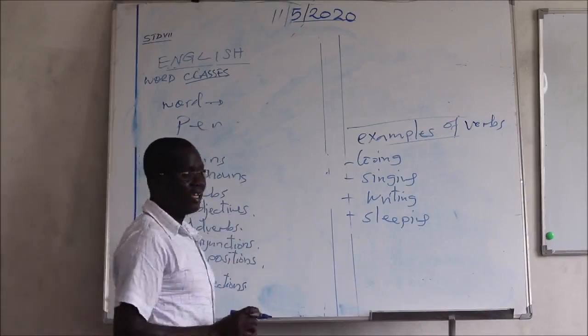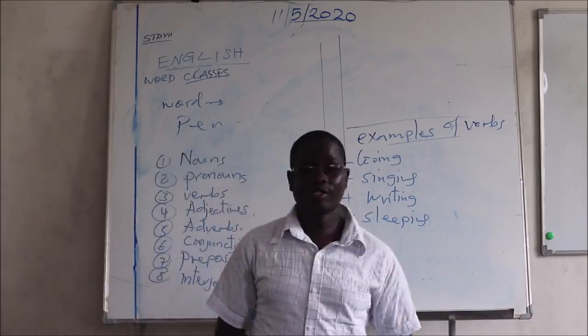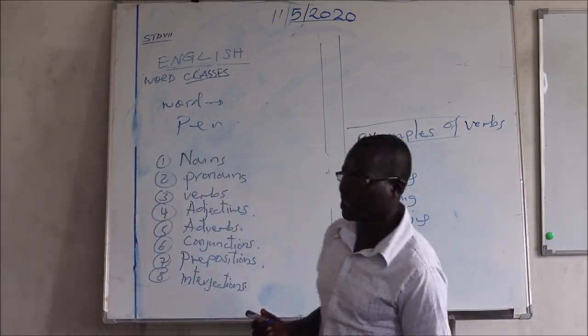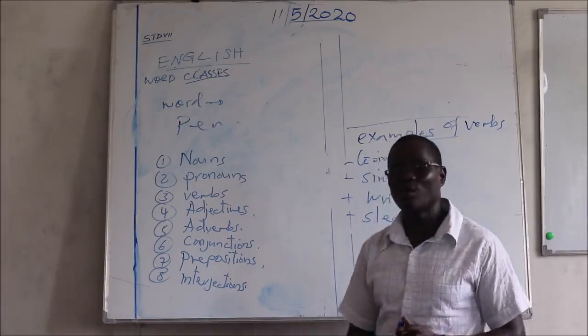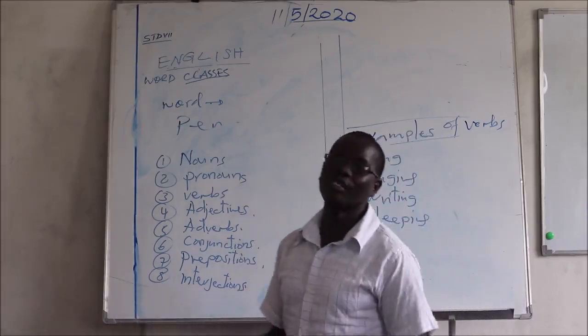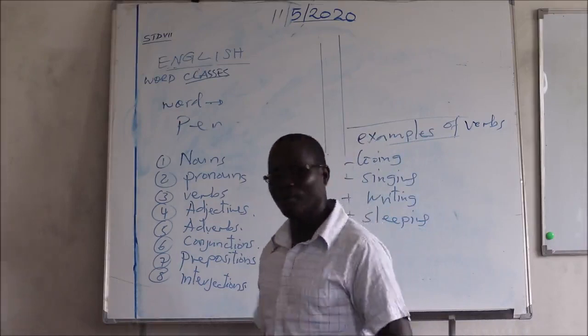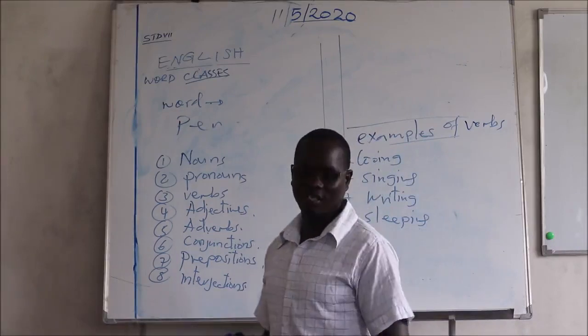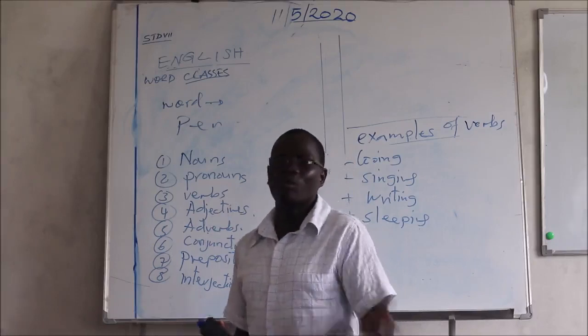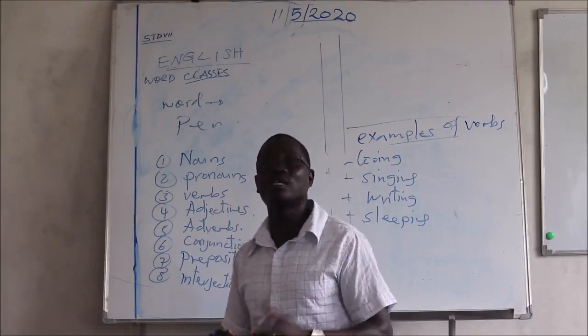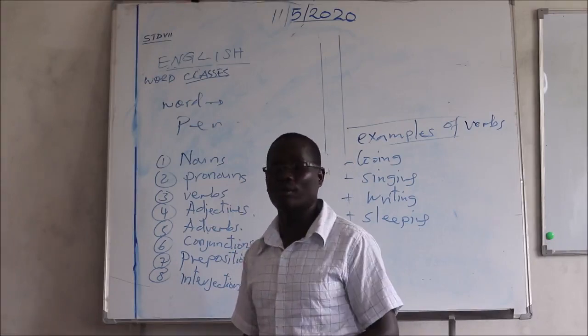Therefore, we have the other word, which is adjective. Now, what is an adjective? An adjective is a word that is used to describe a noun or a pronoun. With the description here, we mean talking more about it, giving some qualities or characteristics concerning a noun or a pronoun.